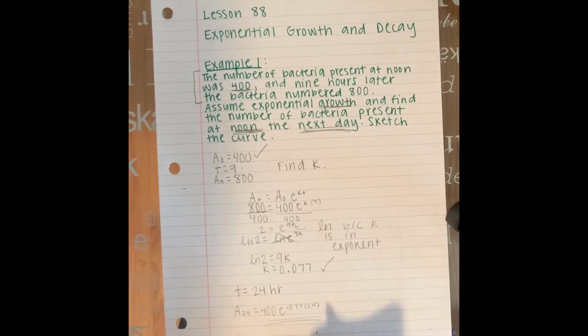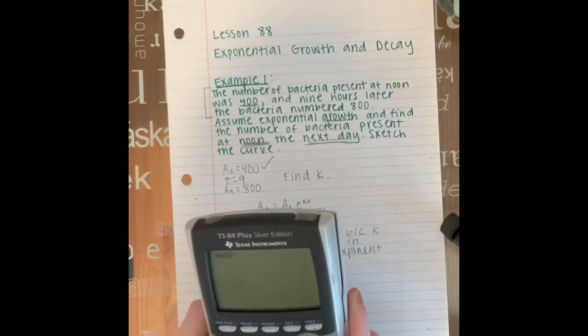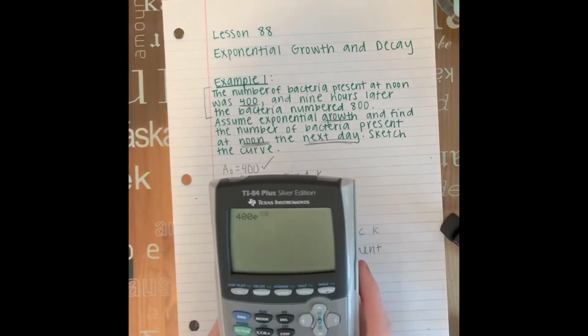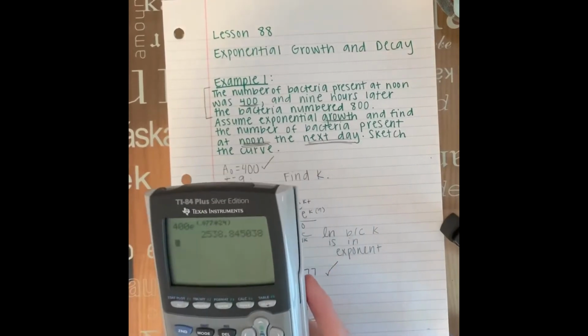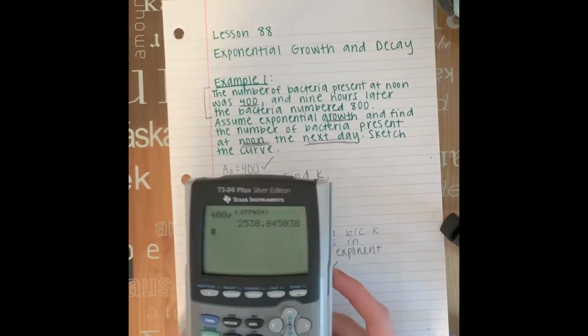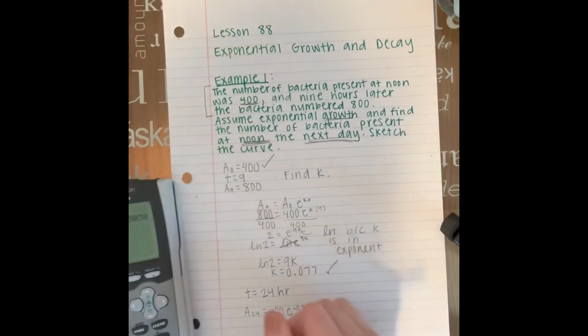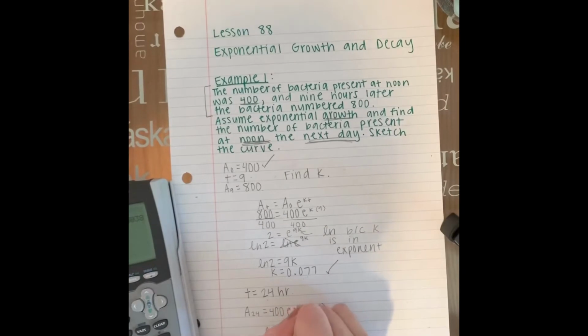There's nothing missing, so I can just type that into my calculator. 400 e, make sure you use parentheses, 0.077 times 24, and you should get 2,538.8. We can just round that to 2,539, and that would be your answer.